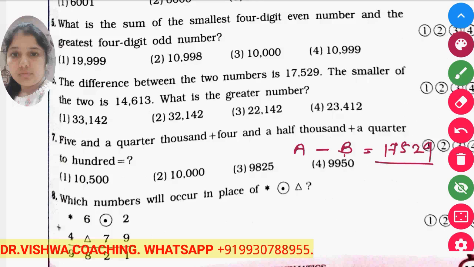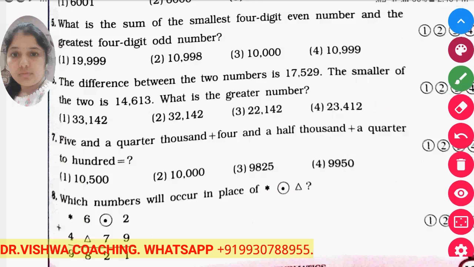If the smaller number, that is B, is given to you, which is 14,613, you have to find the value of A. So you just have to add this 14,613 to this 17,529 and you will get your answer. So you all can add. This is for your homework. Okay. Now the next one.